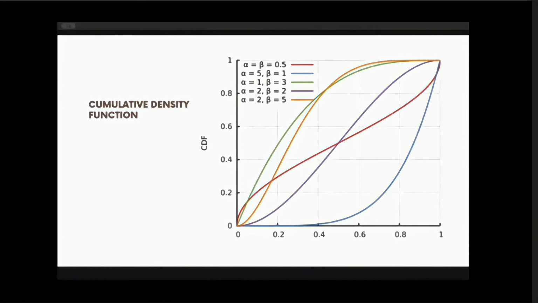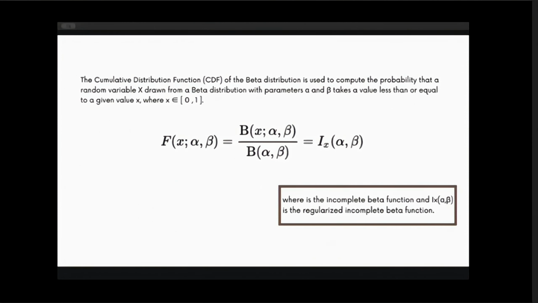Now, the next is the cumulative distribution function. In addition to the PDF, we have the CDF. While the PDF shows the likelihood of a specific value of x, the CDF answers a different question. That is, what is the probability that a value drawn from a beta distribution is less than or equal to a given value?